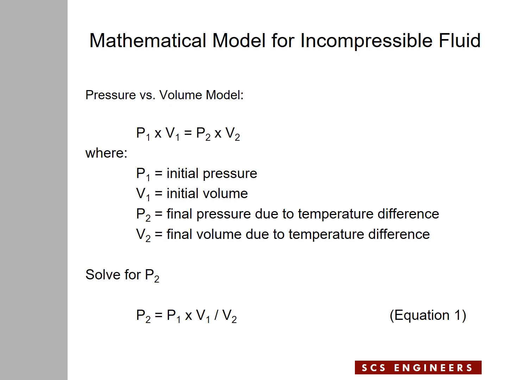As listed here, P1 is the initial pressure, V1 is the initial volume, P2 is the final pressure due to temperature difference, not any leaks or anything, and V2 is the final volume due to temperature difference. If you solve this equation for P2, you will arrive at equation 1: P2 is equal to P1 times V1 divided by V2.